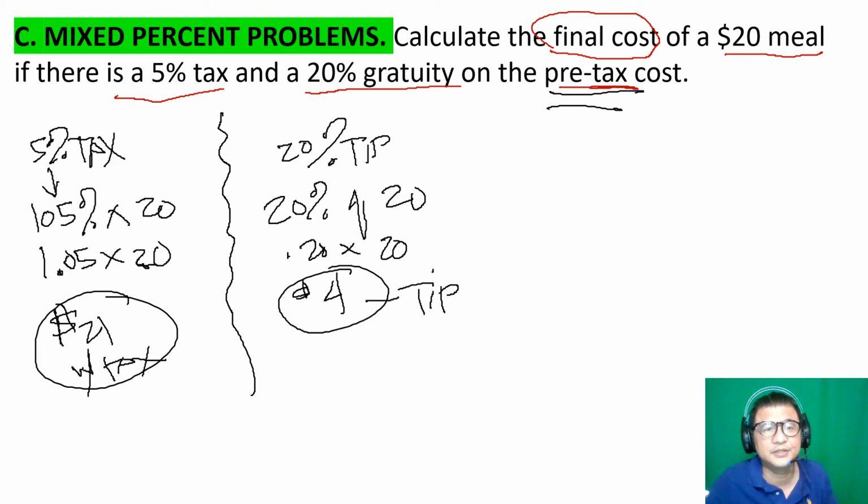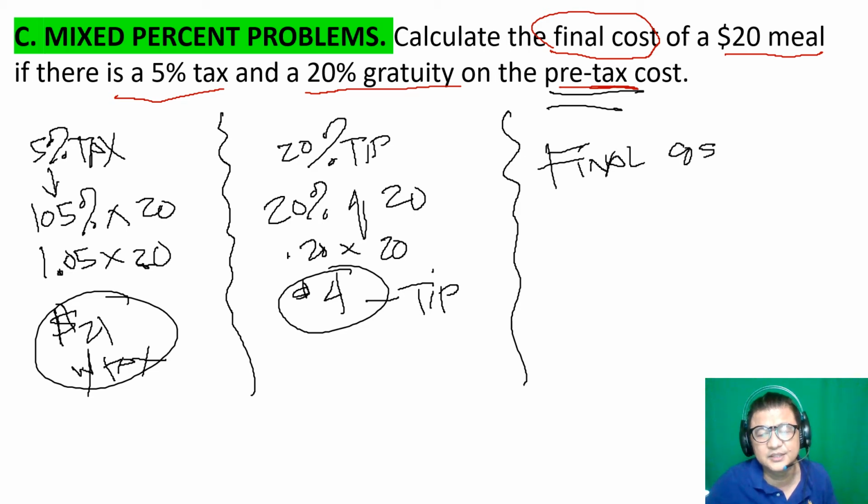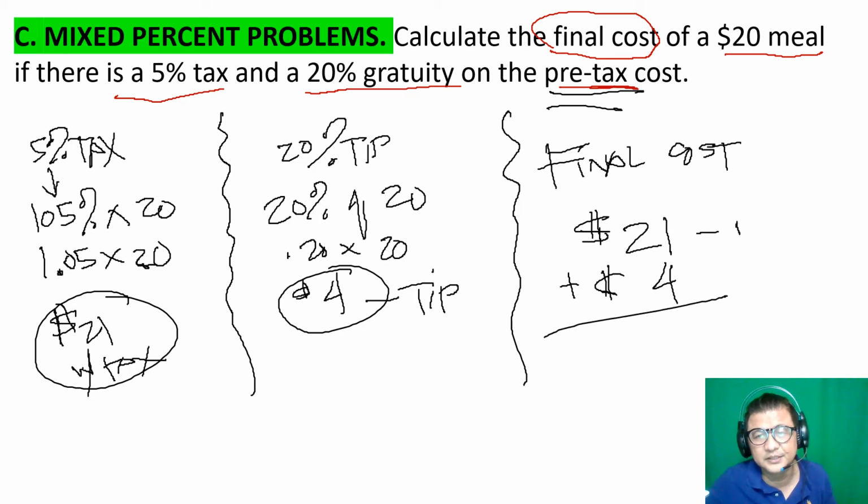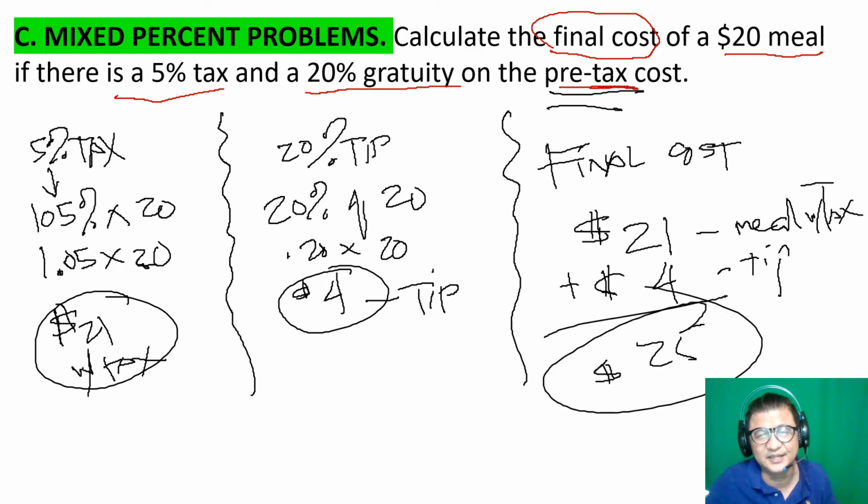Now you're going to need to pay the final cost. Final cost is the meal cost of 21, which already has tax, plus the tip of $4. This is the meal with tax. This is the tip. Put them together, $25. All right.